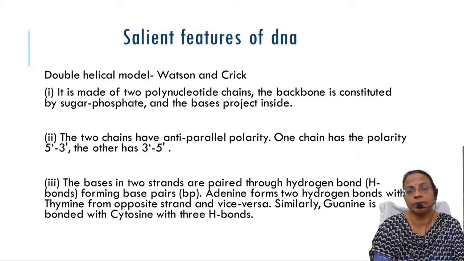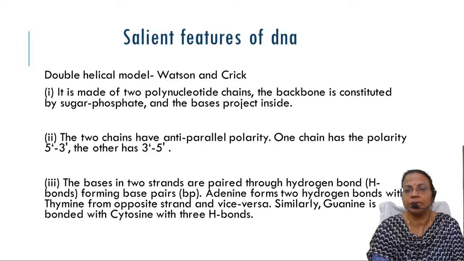Then the third point: when the base pairs are formed between the polynucleotide strands, the base pair is always between a purine and a pyrimidine. And there is also specificity. Adenine always binds with thymine with 2 hydrogen bonds. The same way, cytosine binds with guanine with 3 hydrogen bonds.